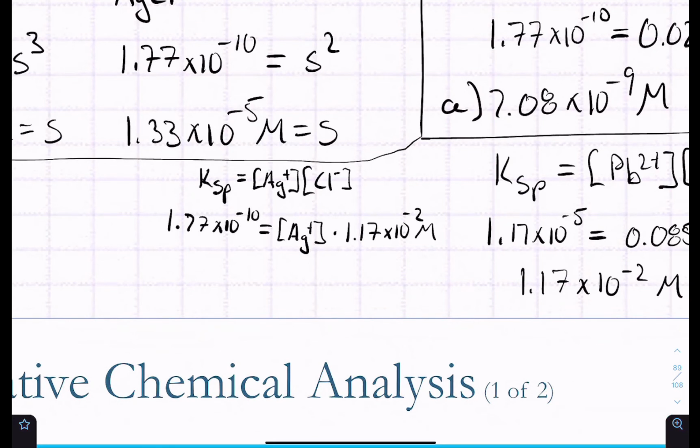So this is going to be 1.77 E to the negative 10 divided by 1.17 E to the negative 2. So there's going to be 1.51 times 10 to the negative 8 molar Ag+ left in the solution.